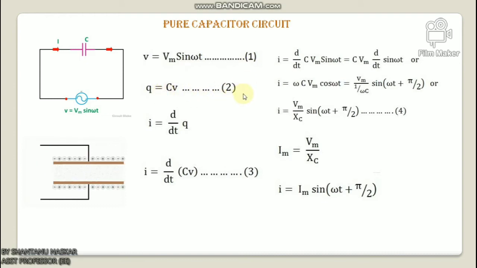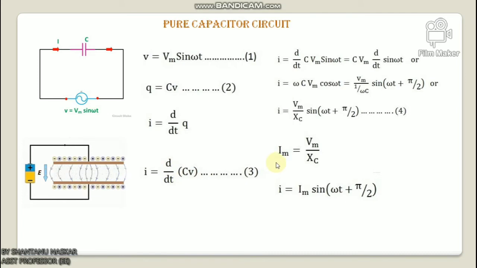Now the current flowing through the circuit is given by the equation I equals d by dt of Q, equation 3. Putting the value of Q from equation 2, we can write I equals d by dt of Cv.